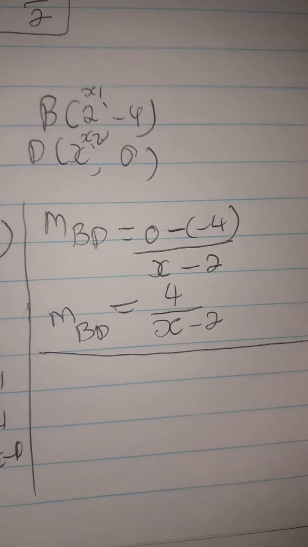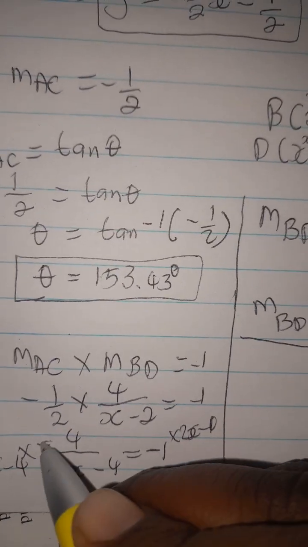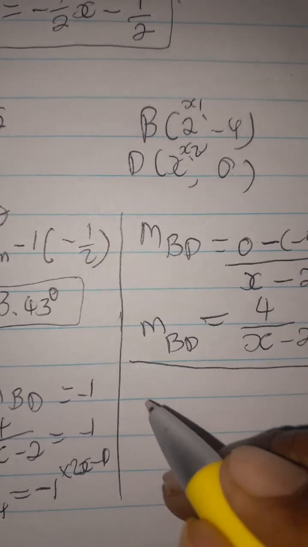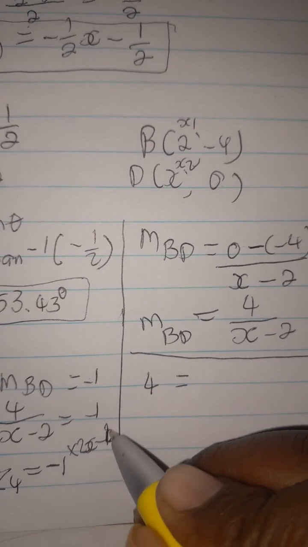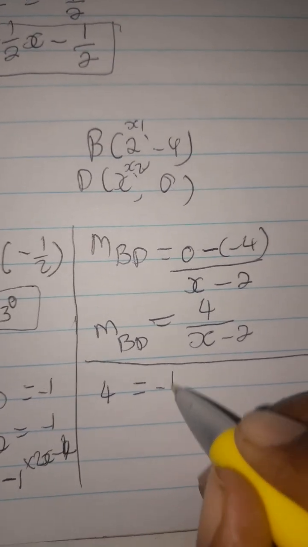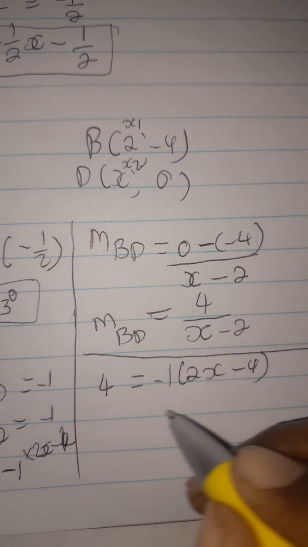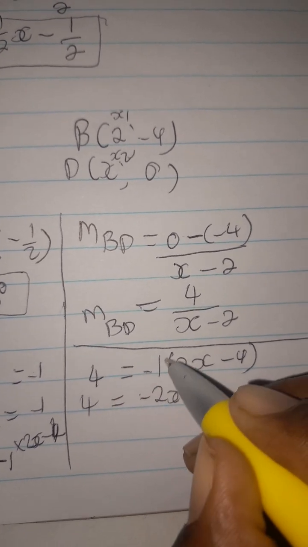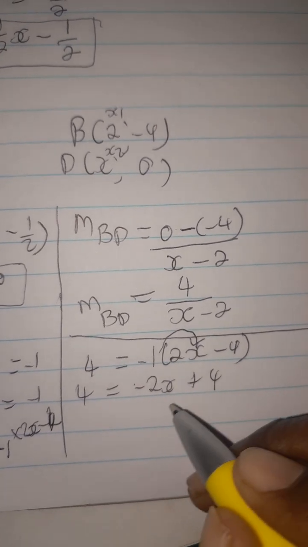Let me just give myself a little bit of space there. So this and this will automatically cancel each other. We are left with 4 at the left hand side. Then we are left with -1 and 2x minus 4. That will be -2x if you multiply by -1, and that will be +4.